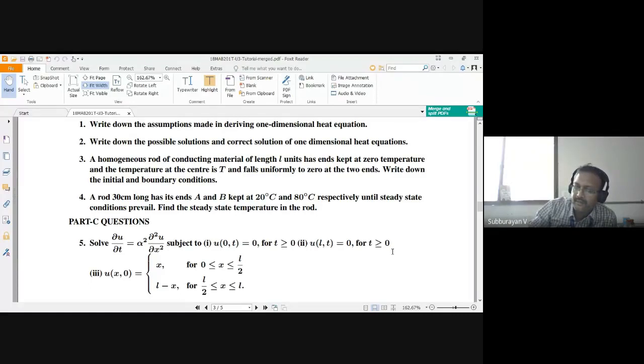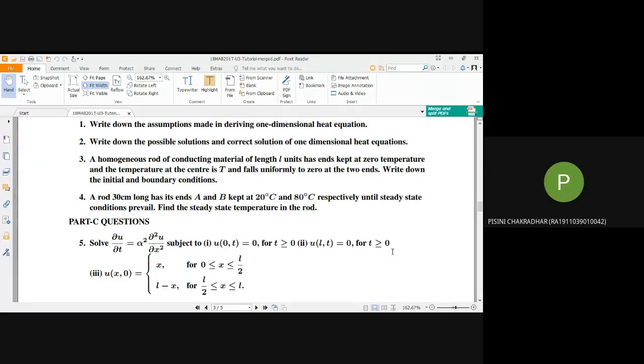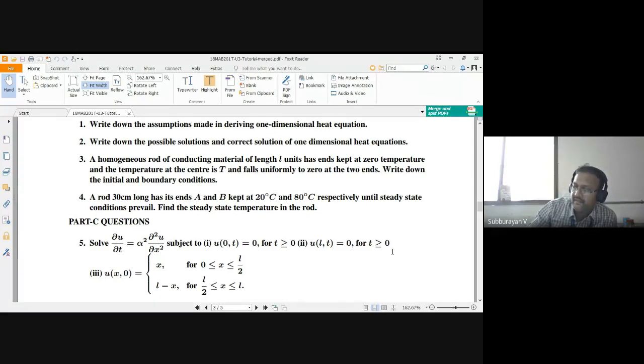U of x comma 0 is equal to x T divided by L by 2, or 2x capital T divided by L, when 0 less than x less than L by 2. And the second one is 2 capital T divided by L into L minus x, when L by 2 less than x less than L. See, these are the boundary and the initial conditions.